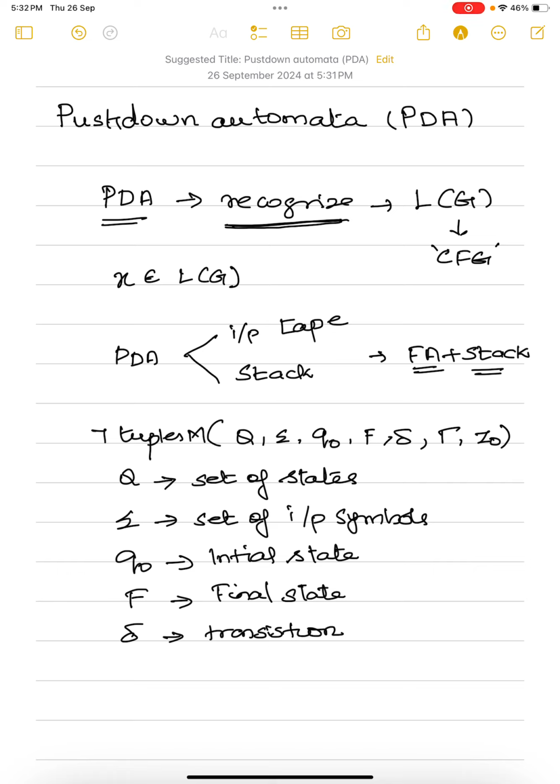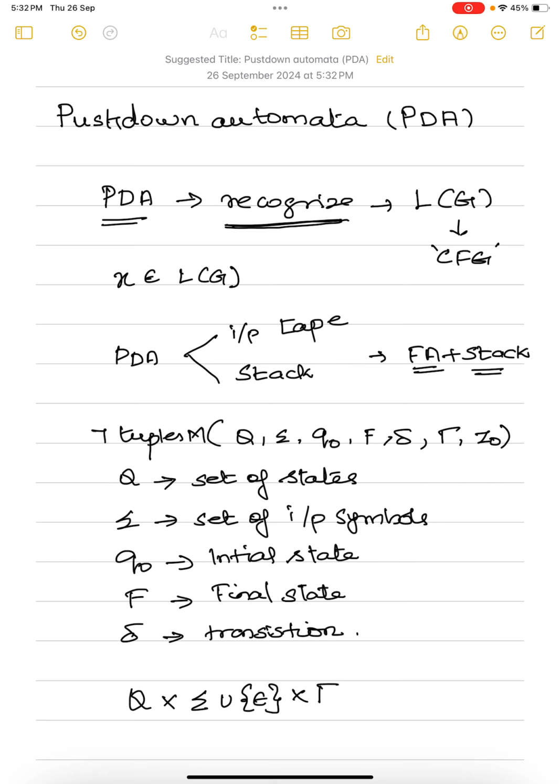Delta is the transition, and it is defined as follows. Here we will be looking into the state, the input tape, which can hold epsilon values also, and the stack symbols.